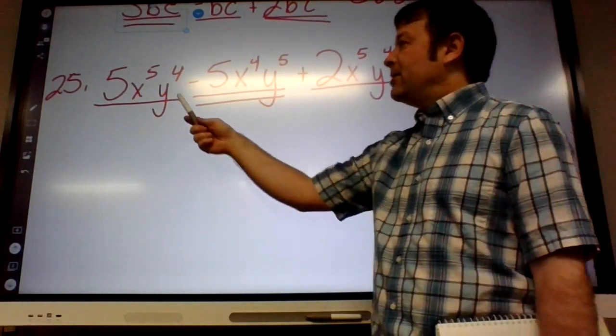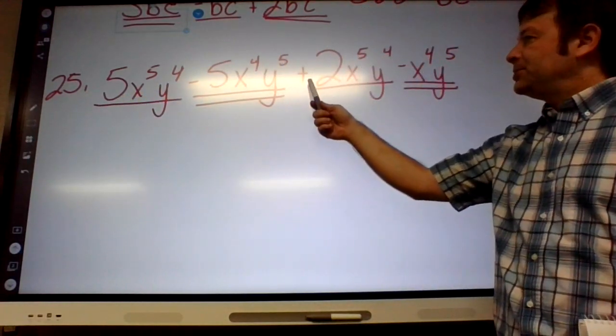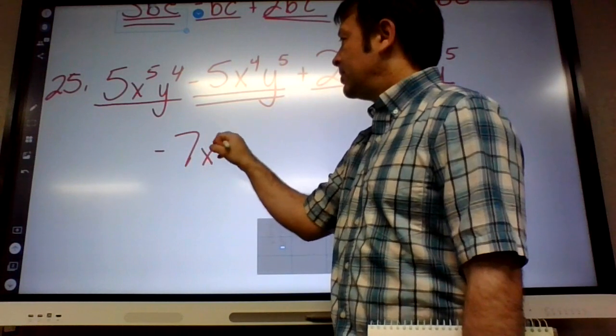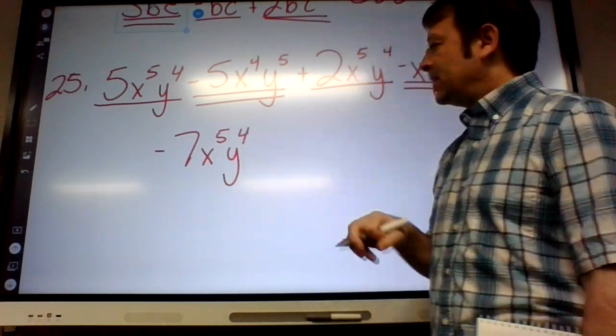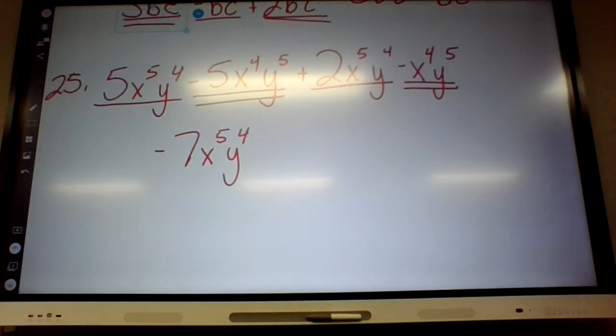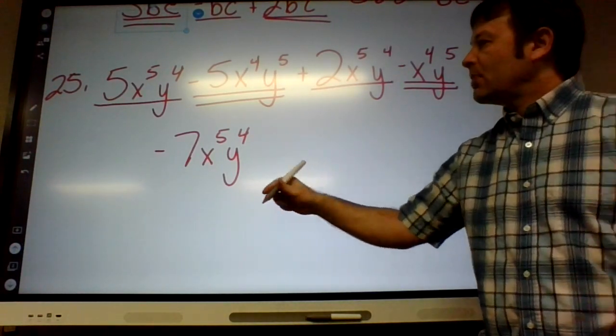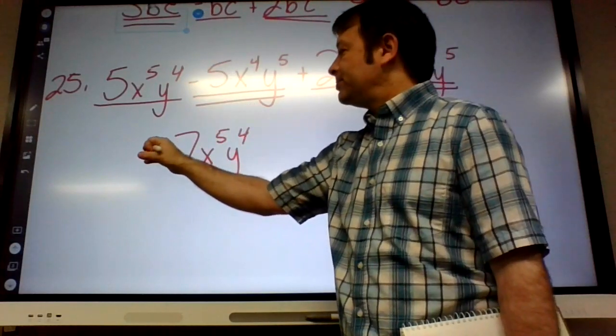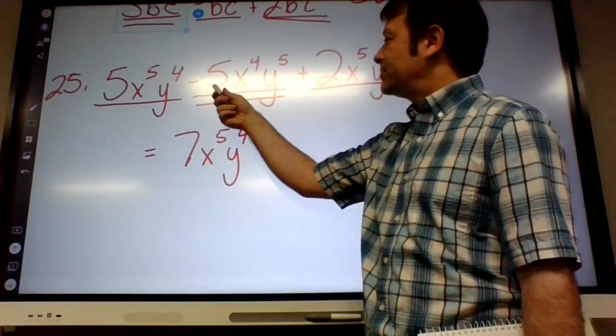Now we're adding 5 plus 2 of these make 7 of those. Exponents don't change. Is it negative? Yeah. Oh, whoops. And then I was trying to write equals, but I didn't mark it, I guess.